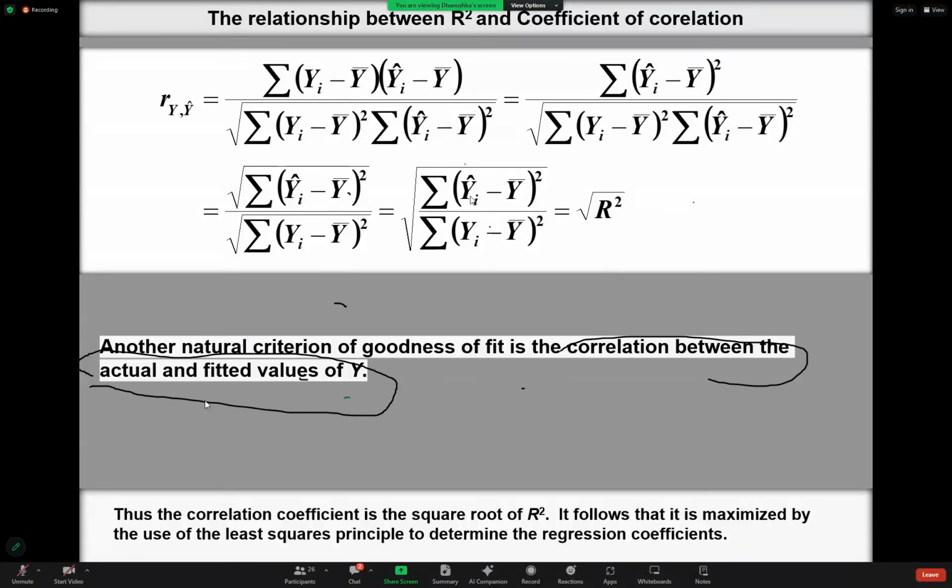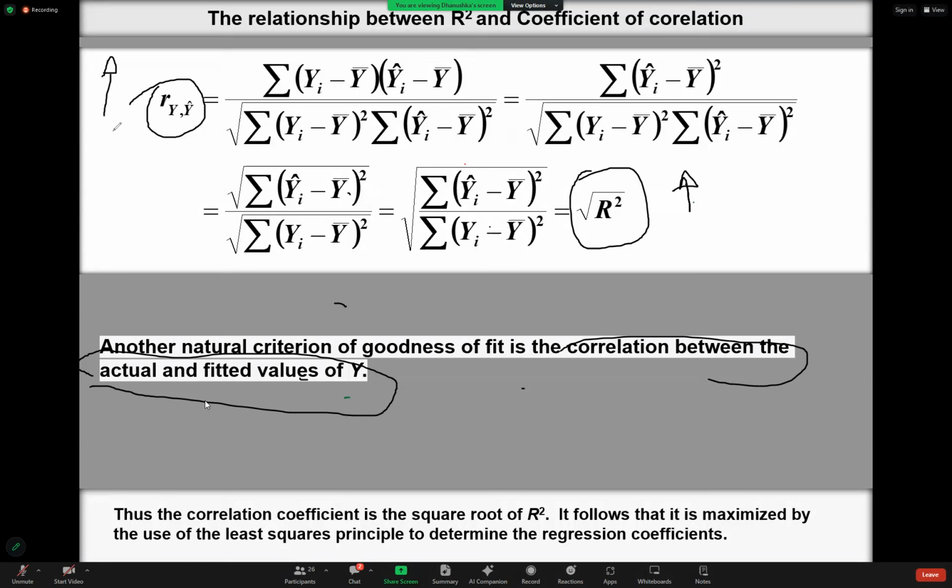Y hat minus y bar squared is the explained variation, yi minus y bar squared is the total variation, square root of this. Then this is R square. So the correlation coefficient is equal to the square root of R square. That means if the correlation coefficient increases, the value of R square also increases.